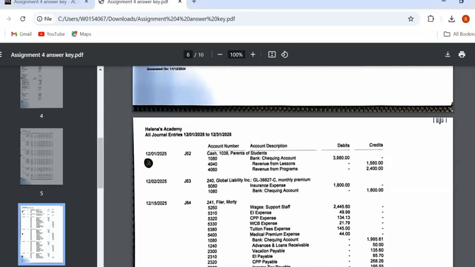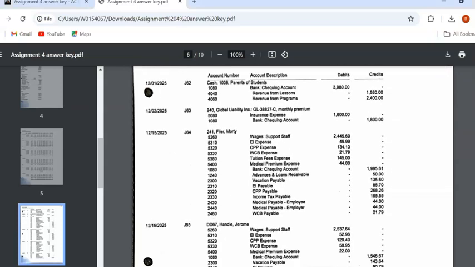Okay, so let's look at the journal entries. Again, some individuals are still sending the journal entries without clicking the box that says keep corrections.